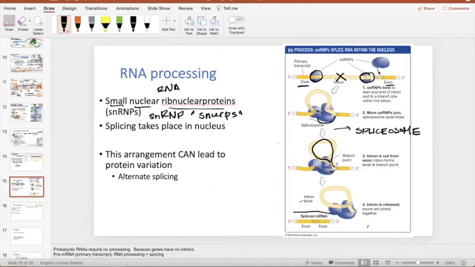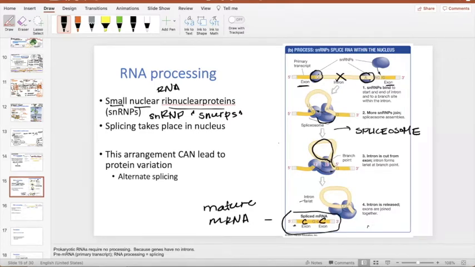So here you can see that we have an edited mRNA, and this edited mRNA is a mature mRNA because now it only contains information that's good. It only contains coding information.